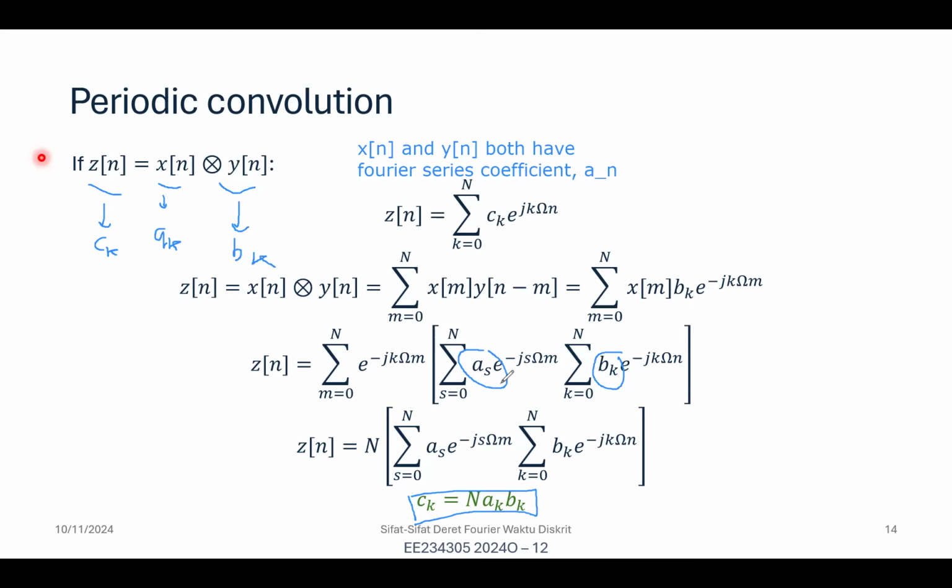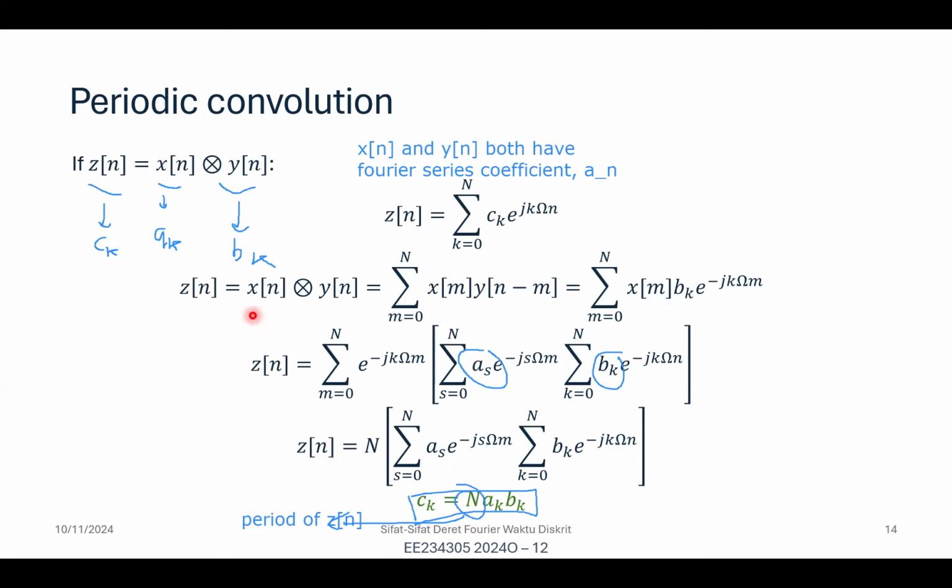So that's the relation between the two signals that form the signal zn. N here is the period of the zn signal.